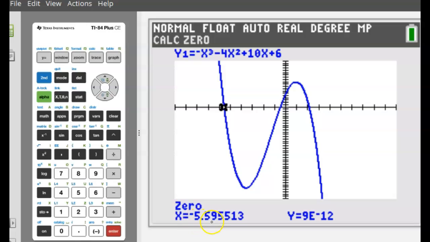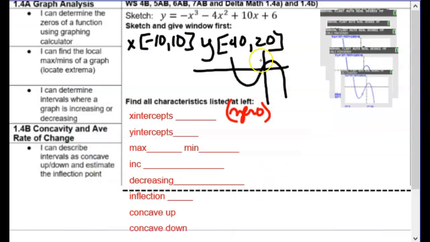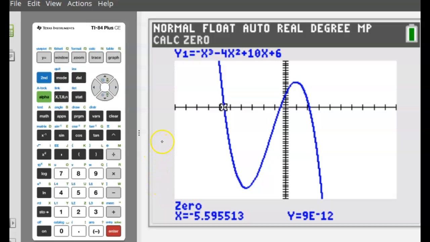So negative 5.95 would round to negative 5.60, right? And I don't care if you list these as ordered pairs or if you list them as just a list of zeros. Yes, I think the quiz says hundreds, okay? It'll say right on the quiz, but I'm pretty sure it's hundreds.